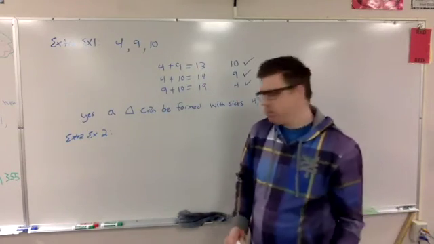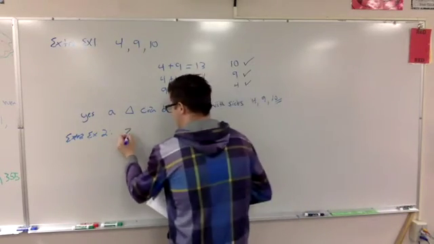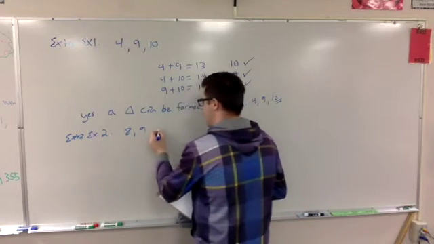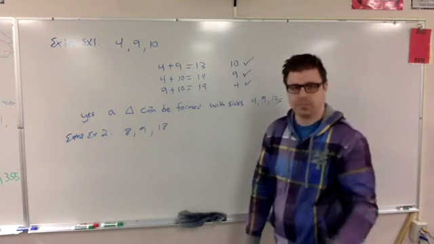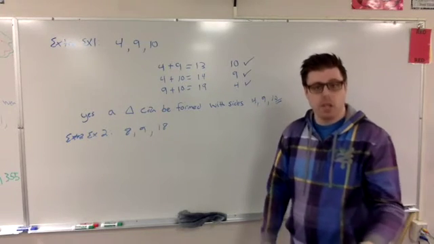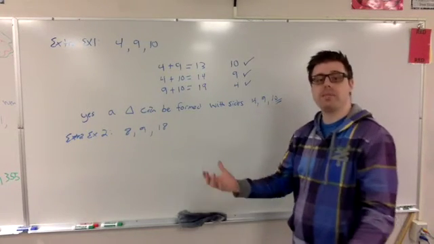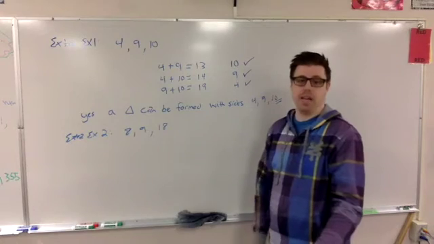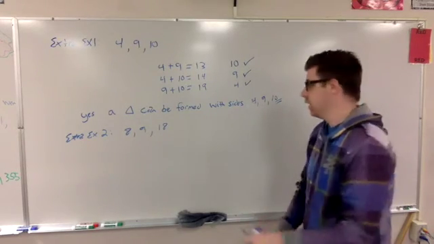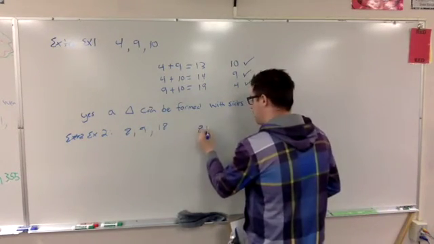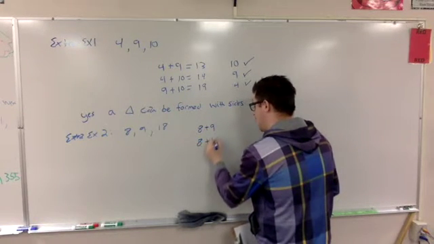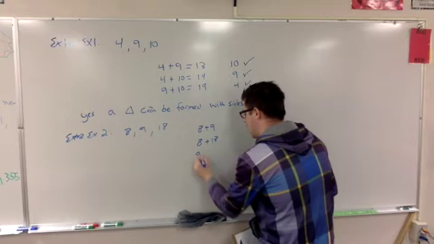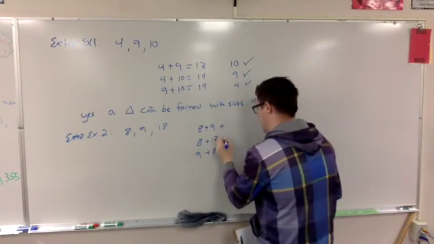And this time let's use the side lengths of 8, 9, and 18. Do the same process. When we add two of these together, they must be larger than the third side we didn't add. So let's go. Okay, we'll go 8 plus 9, 8 plus 18, and 9 plus 18.